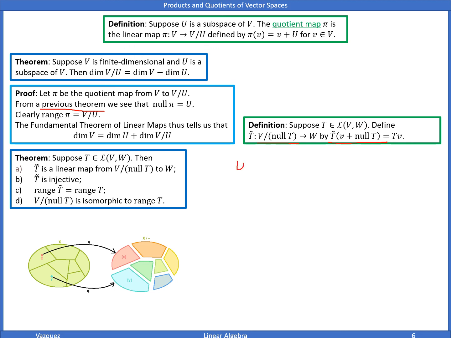So for example, if we had U and V in the vector space V, and we had U plus null of T equal to V plus null of T. Here, null T is taking the spot of U, right? Instead of having U, we're having the null space of T.